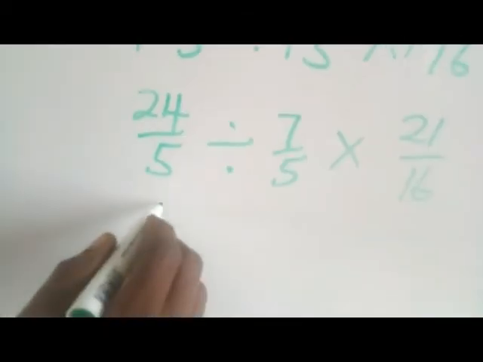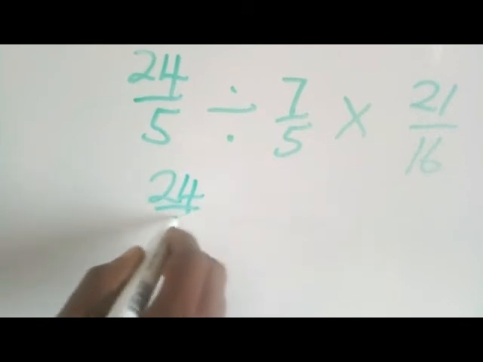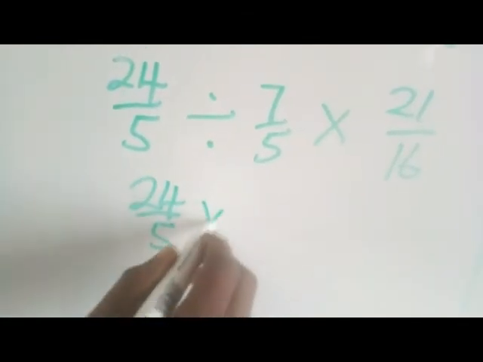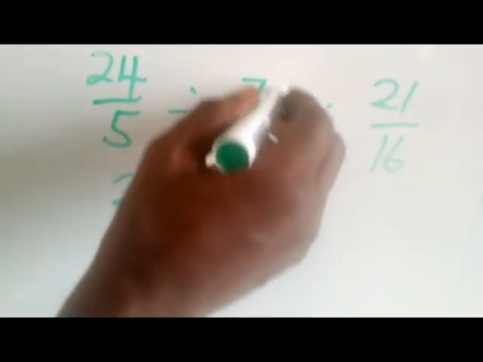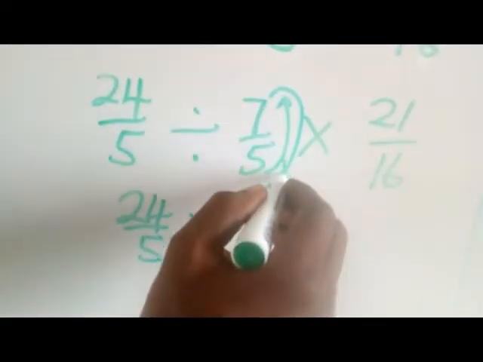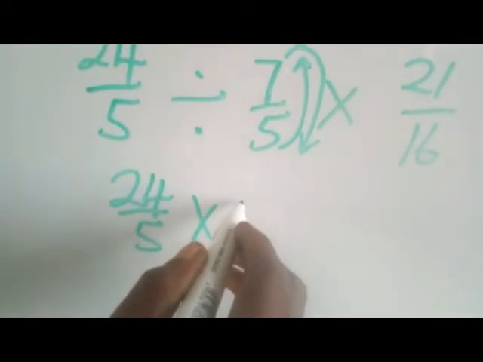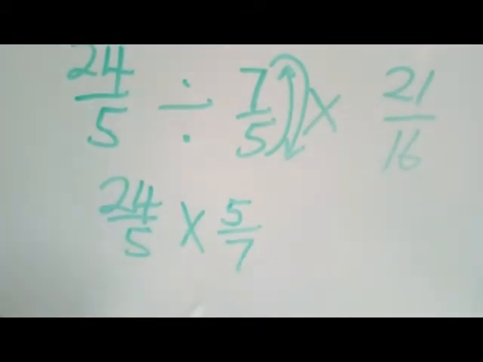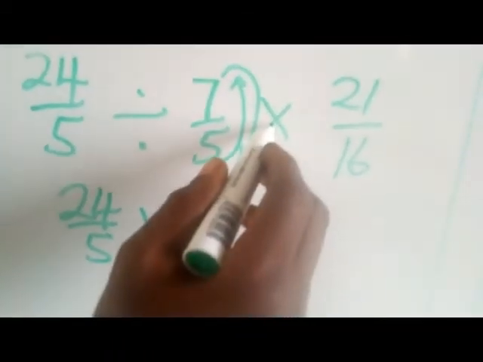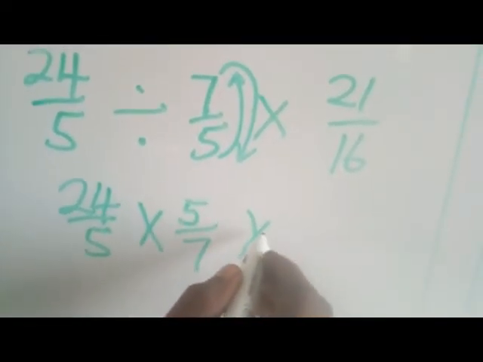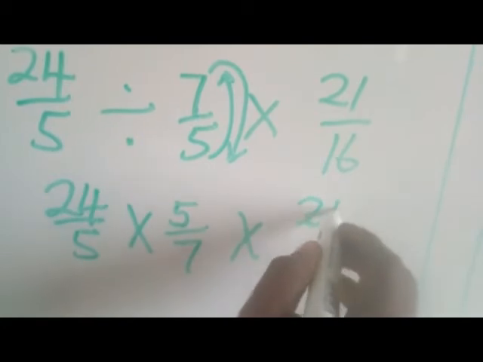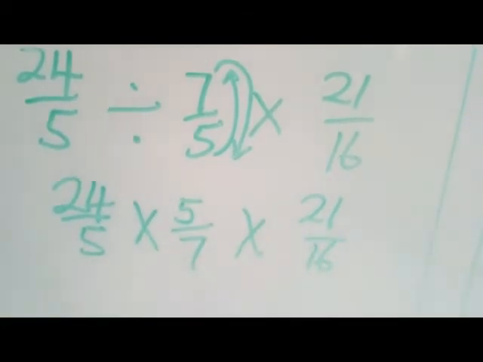So in this case, you don't need to change anything. It's 24 over 5 times. The number that comes after the sign is the one you're going to change now. This one will go up while this one comes down. So we have 5 over 7 times. Remember, this one is multiplication, so nothing will change; it still remains the same because it is a multiplication sign. So I bring down 21 over 16.